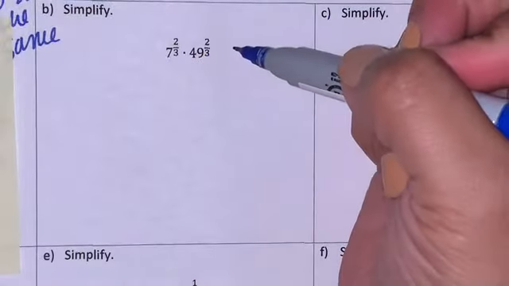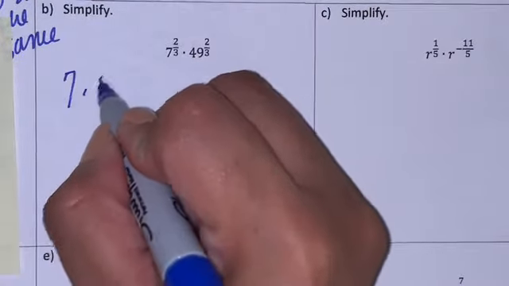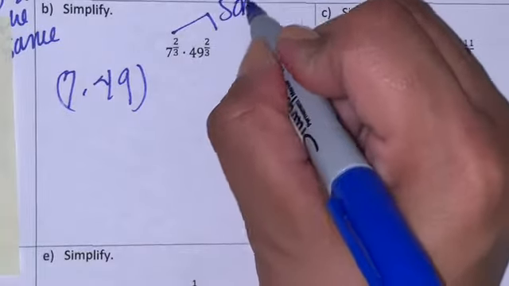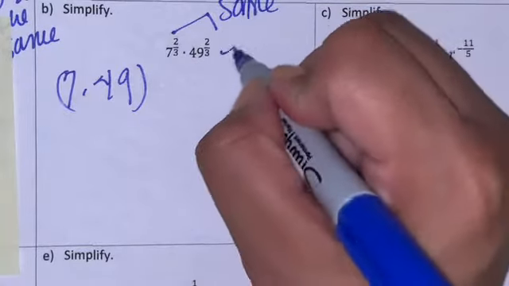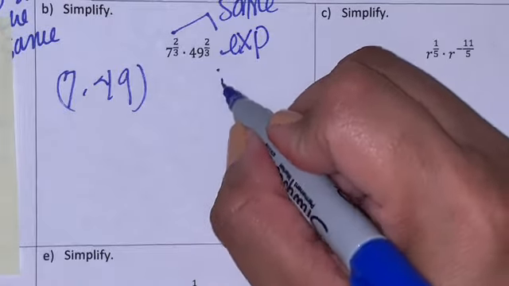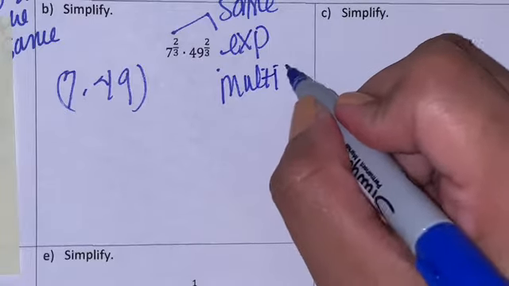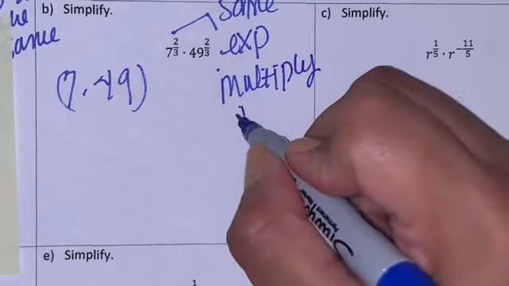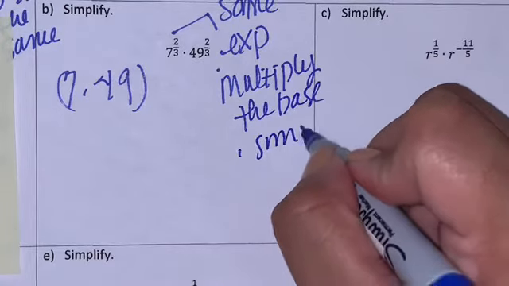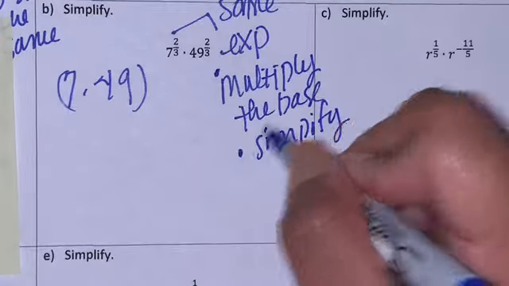Okay, so we need to simplify this one. So this is going to be 7 times 49, because they have the same exponent, we can just multiply the base and simplify. So these are your steps.